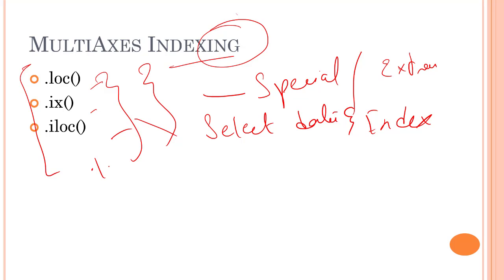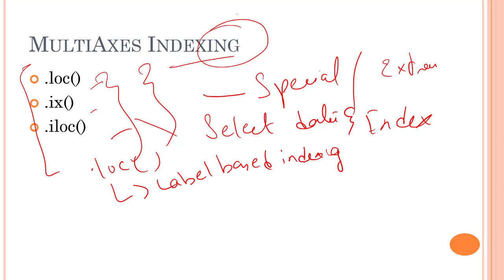We start with the .loc method. It provides various ways to do label based indexing. Its name itself, LOC, means it is used for label based indexing. It can be used with a list of labels, a slice object, or a boolean array. Depending on that we use this particular method of LOC.